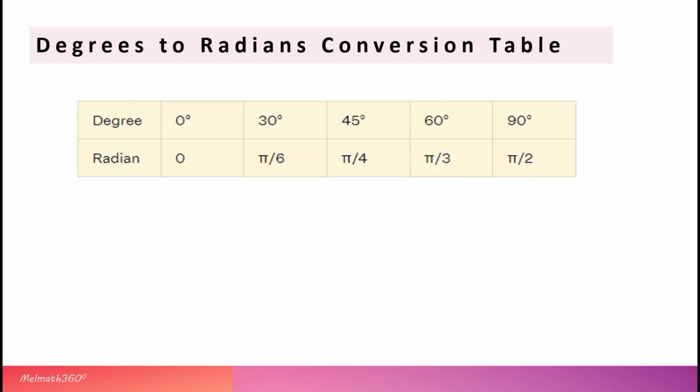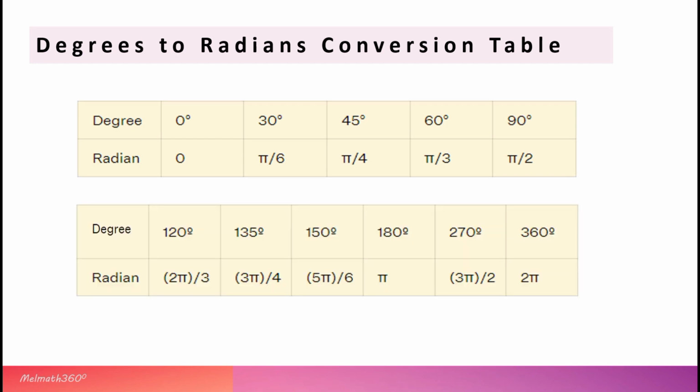The table shows the radian values for the corresponding angle measures in degrees. The first table shows the degrees to radian angles conversion from 0 degrees to 90 degrees. And the second table shows the degrees to radians angles conversion from 120 degrees to 360 degrees.